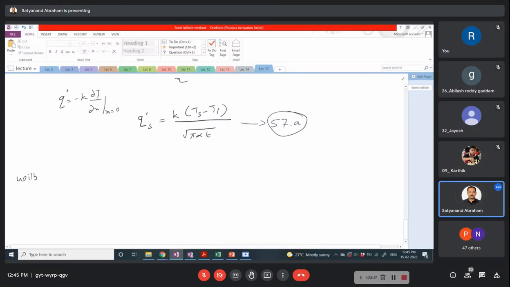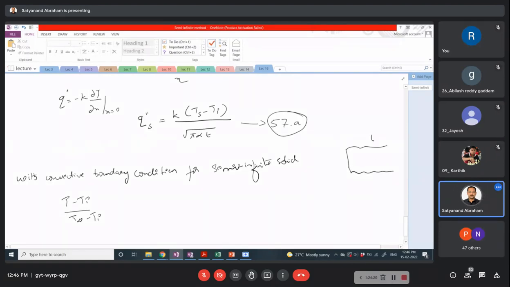So with convective boundary condition for semi-infinite solid, we can write (T minus Ti) divided by (T infinity minus Ti).